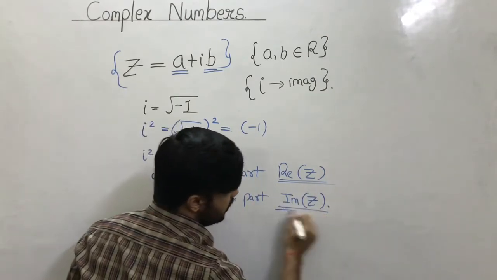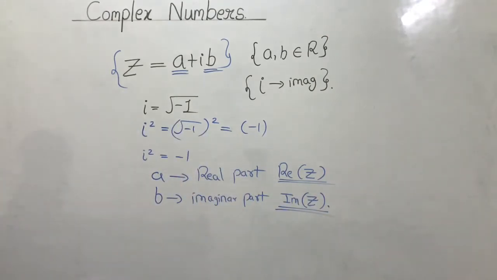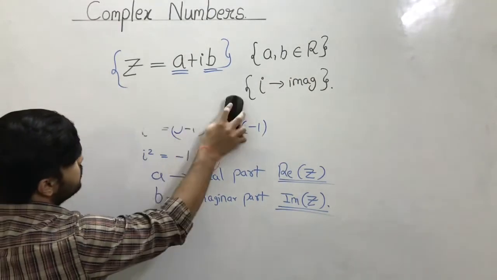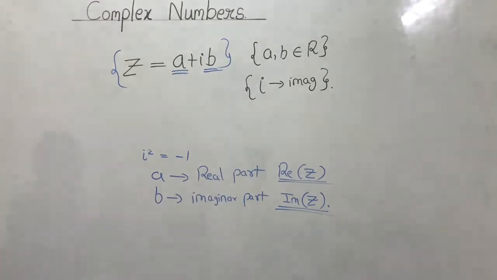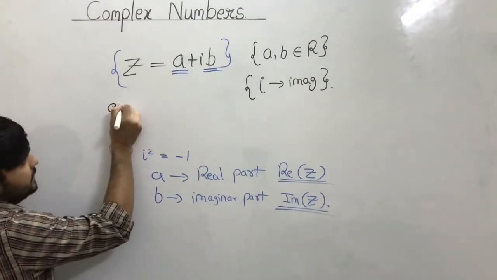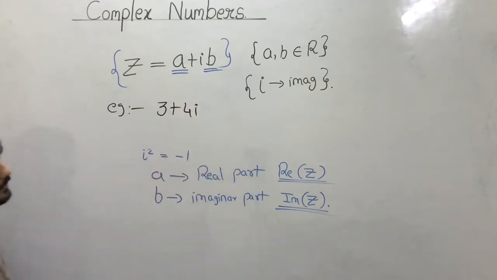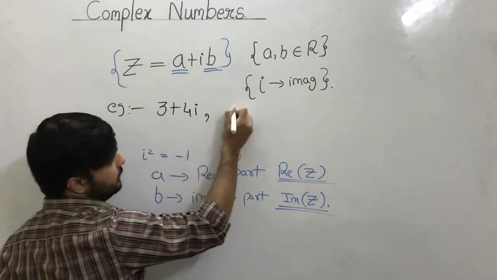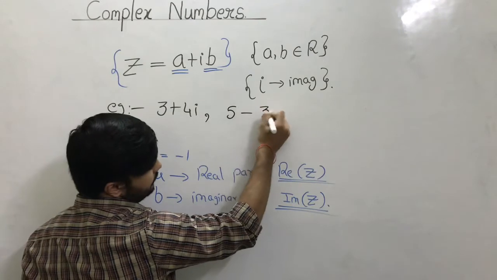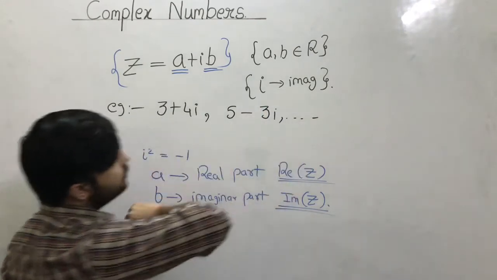So based on this we can write examples of complex numbers. Examples are 3 plus 4i. Similarly we can write 5 minus 3i and so on.